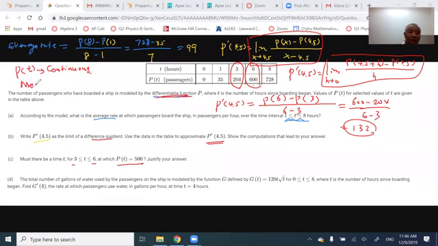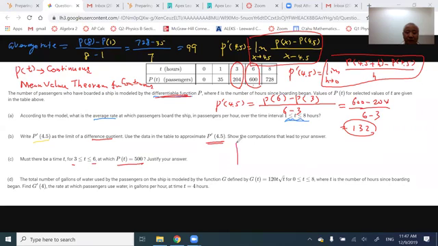Mean value theorem for continuous, okay? We use that.